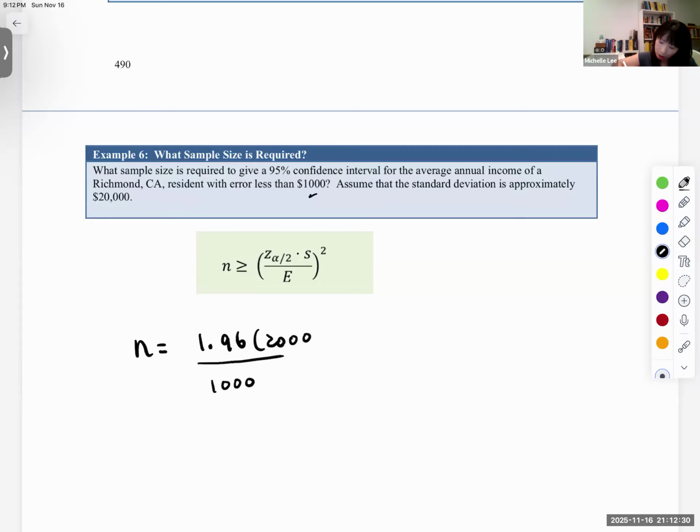I don't want to put the comma, because people think that's the decimal, right? Then don't forget we have a square. Now what do you get? 1536.64. Then we round up all the time, because the sample is always items or people. So more sample, more accurate.